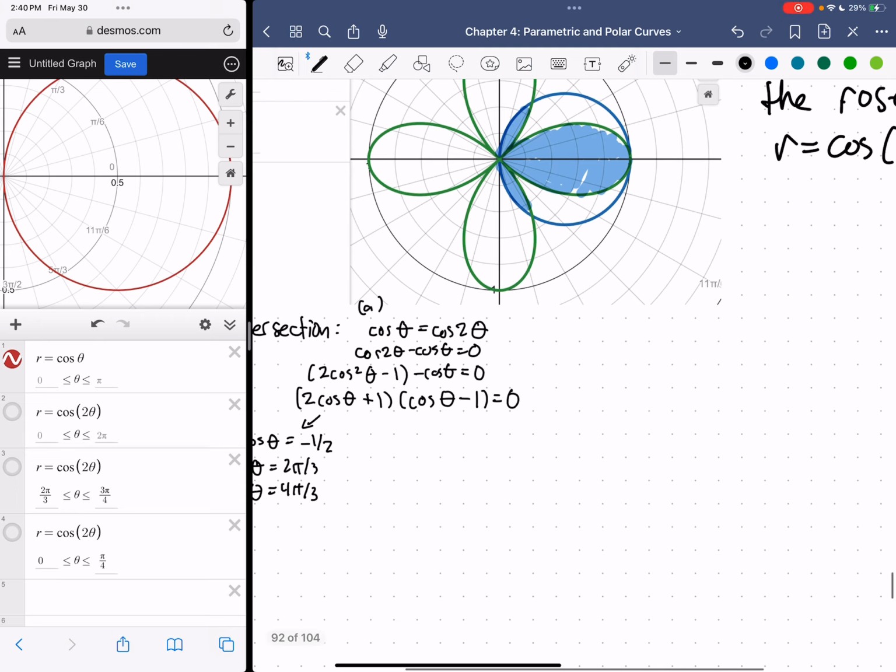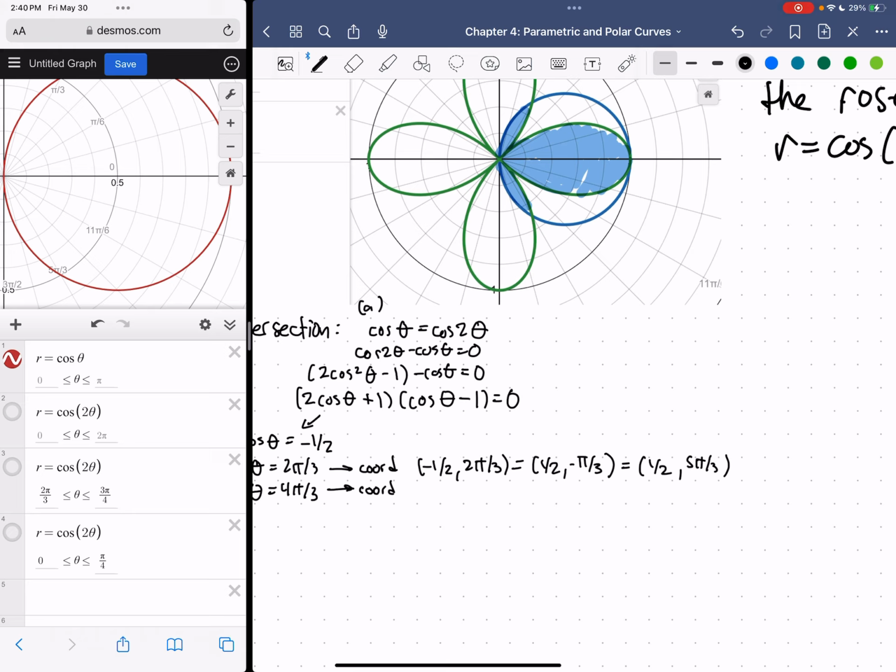But if we look at the points corresponding to that, the polar coordinates are negative 1/2, 2 pi over 3, which we know is the same as either negative pi over 3 or 5 pi over 3, right? It's because we can just keep adding or subtracting pi.